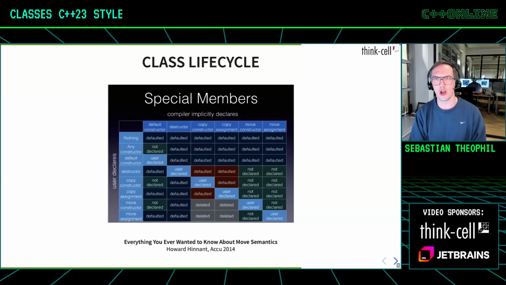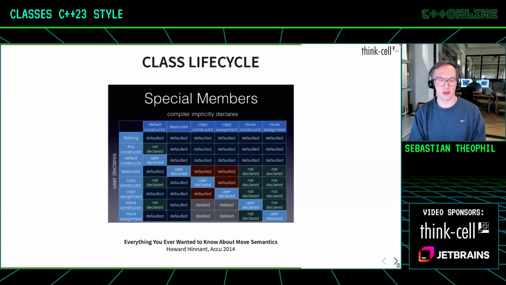This is from a talk by Howard Hinnant in 2014, so over 10 years ago, about move semantics. It shows the rules for which special member functions, so constructors and destructors, will be implicitly declared by the compiler or deleted, depending on which constructors you declare.